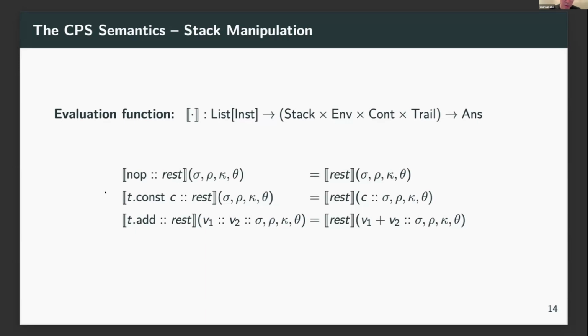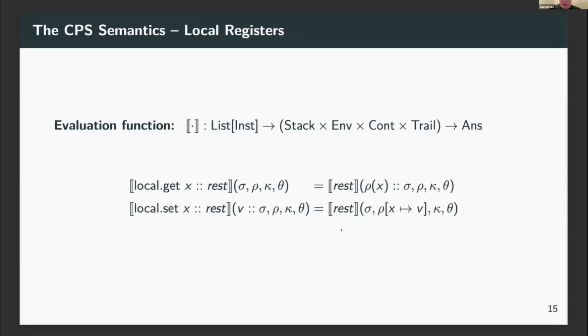And for the const instruction, we have a number C. We just push the number C on top of the stack, and then recursively call the semantic brackets on the rest of the instructions with this newly constructed stack. And for addition, we inspect the input stack and take the top two values from the stack, and then we push the addition of those values onto the stack, then recursively call the semantic function on the rest.